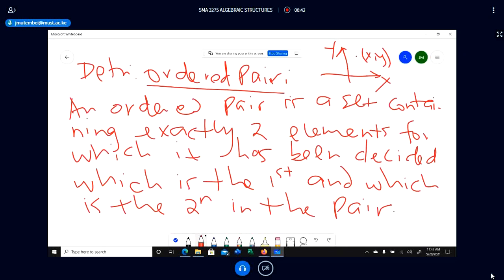When you have such sets containing those pairs of points, we call it an ordered pair, which contains exactly two elements, and it is known which set the first one will come from and which set the second one will come from. Next, we define the Cartesian product of two sets.